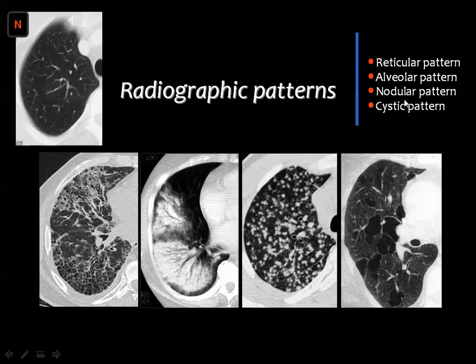The nodular pattern or the miliary pattern, where many micronodules are scattered throughout the lung field. And finally, the cystic pattern, where you can see multiple air-filled cystic lesions scattered throughout the lung. Then compare this with the normal lung parenchyma, which is seen here.